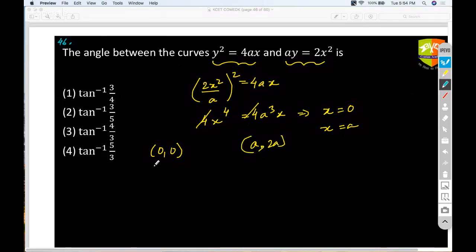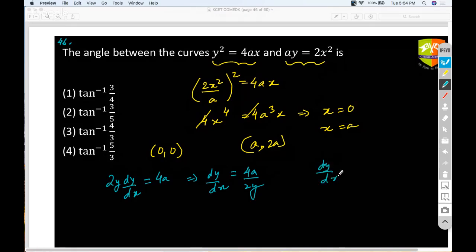Okay. So let's see what happens at 0 comma 0. When you find the dy by dx for both the curves, 2y dy by dx is equal to 4a. So for this curve, dy by dx becomes 4a by 2y, correct? Similarly, in the other case, dy by dx becomes 4x by a, correct?